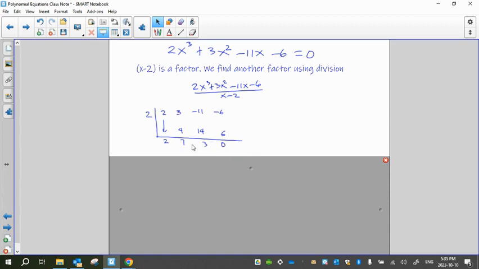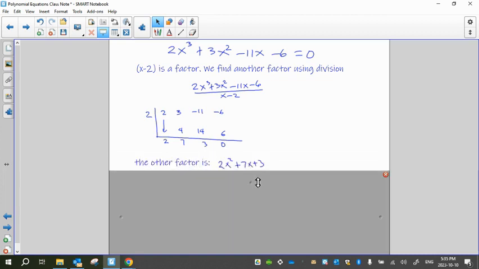I'm not going to go over it in detail because by now we know how to do synthetic division. So I can see that the coefficients of the function are set up here, 2, 3, negative 11, and negative 6. The 0 at 2 is here. I have my division set up, and then these are the coefficients of the quotient.